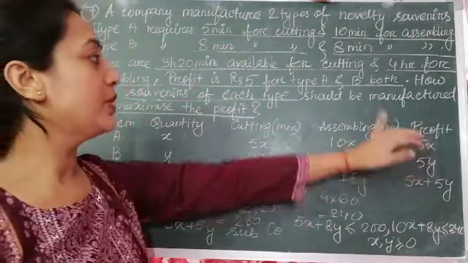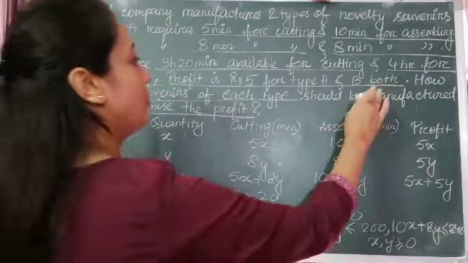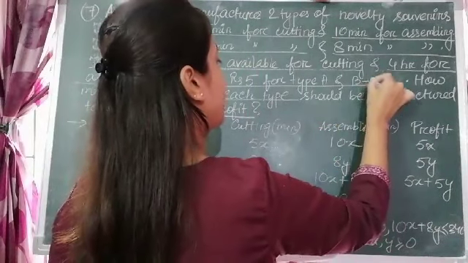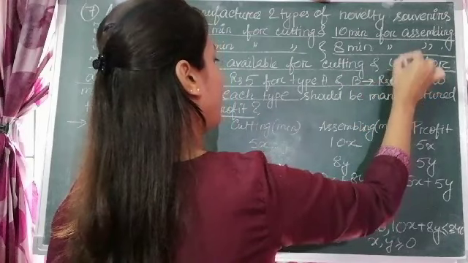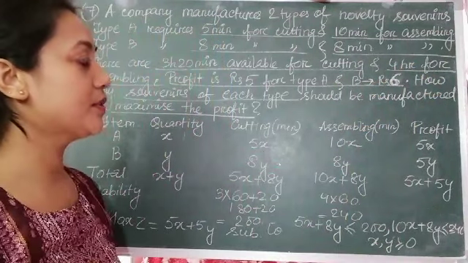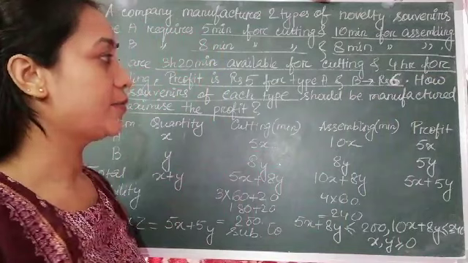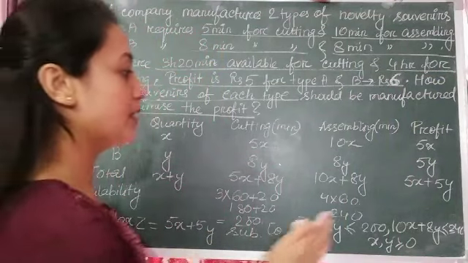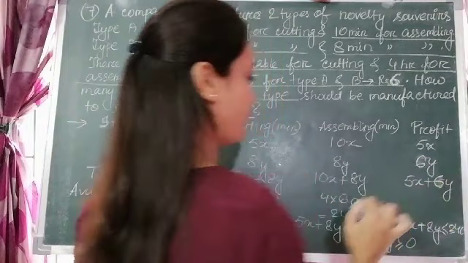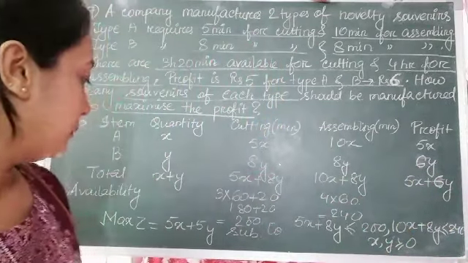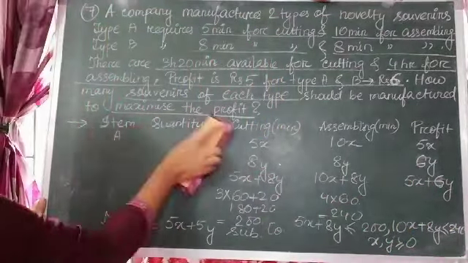And another thing, the profit for B, you write it as rupees 6. It's given rupees 6 is the profit for the second item, and here again this part will be 6y, so 6x plus 6y. Okay, so let's draw the graph.